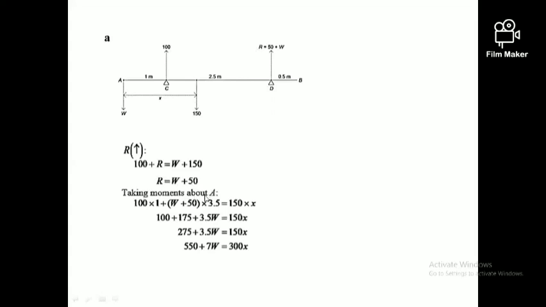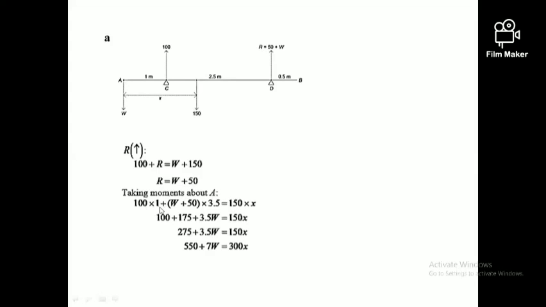Then I'll consider the moments around A, right? If you consider the moments around A, the moment due to W won't be coming into account because W into 0. Then you can say clockwise moments equals anti-clockwise moments. If you consider the anti-clockwise component, 1 into 100 plus 1 plus 2.5 is 3.5 into 50 plus W. We already found this value for R. Equals the clockwise component x into 150.